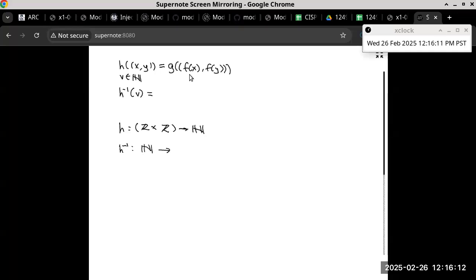It maps natural numbers to the Cartesian product of integers cross integers. So the H inverse of V is going to give us a two-tuple. So we'll call this one U, and we'll call this V. Because I need to refer to each one of those members to do something about it.